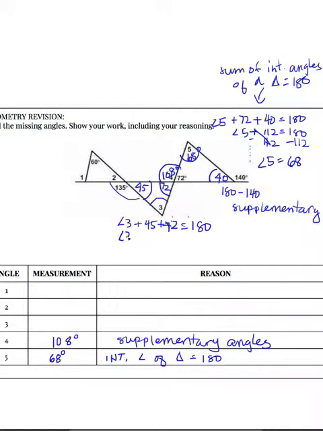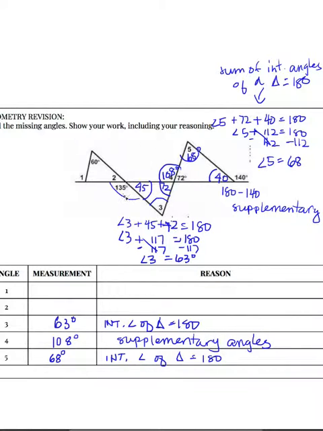So angle 3 plus 117 equals 180, minus 117, minus 117. Angle 3 is equal to 63 degrees, because the internal angles of a triangle equal 180.